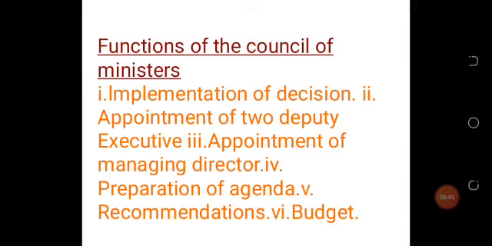Then, appointment of 2 deputy executive secretaries. It is the Council of Ministers that appoints 2 deputy executive secretaries. What do I mean by that? The 2 deputy executive secretaries are to assist the executive secretary in running the secretariat of ECOWAS, and they are appointed by the Council of Ministers.